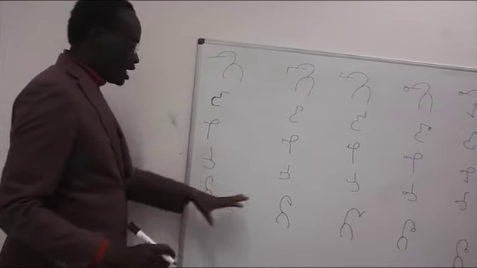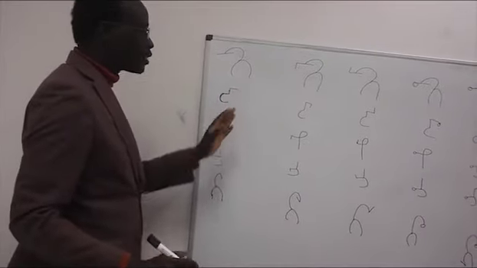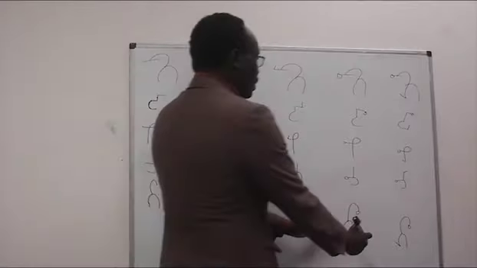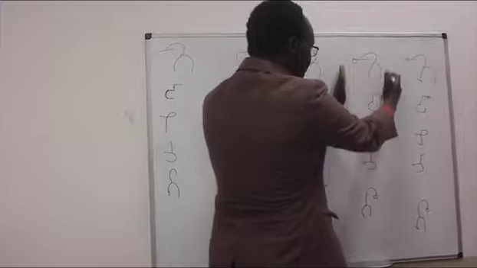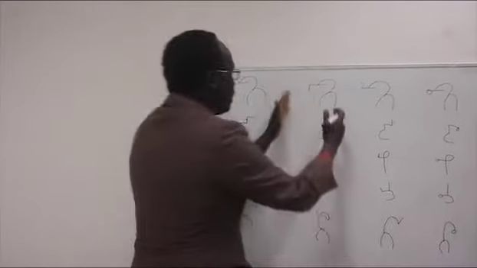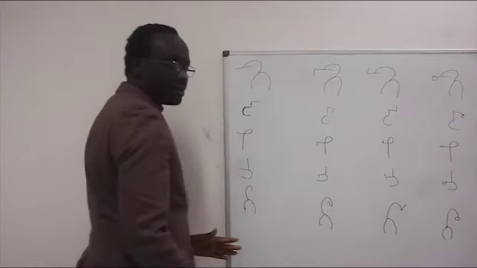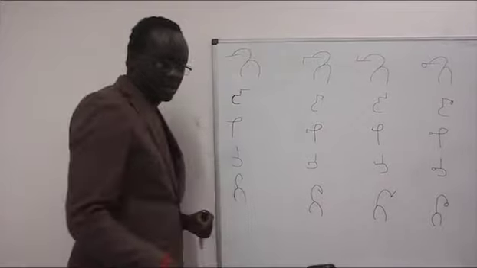Okay? And that's how the trend goes. So wherever you see all the fo, they have that on top of it. All the fe have that. All the fa have nothing on them.